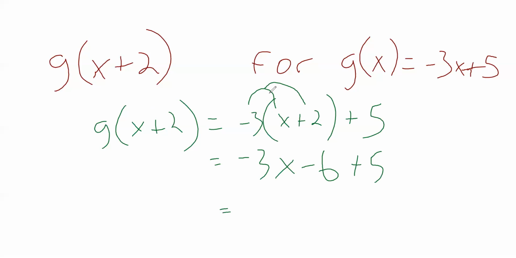And so this is a little bit funky. Negative 6 plus 5 is negative 1. That's a little funky. Some of you may not like that. But in math, as in life, sometimes you just have to deal with things that you don't like.